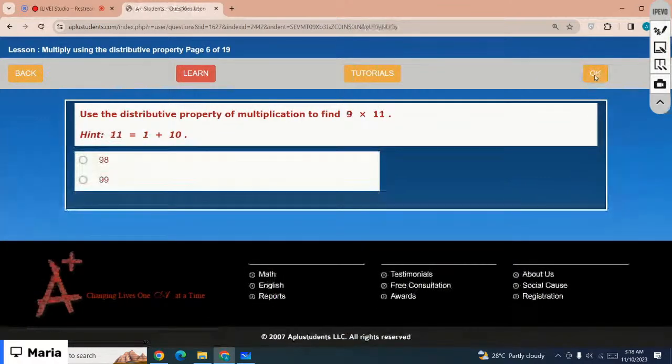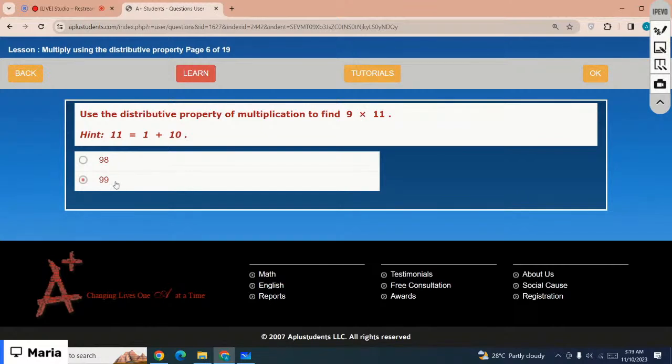Okay, the next one is: use the distributive property of multiplication to find 9 times 11. So which is the correct option? The correct option is 9 times 11 equals 98. 9 times 11 equals 99.